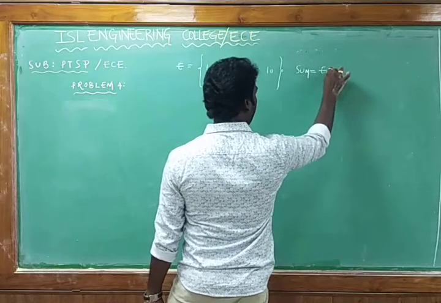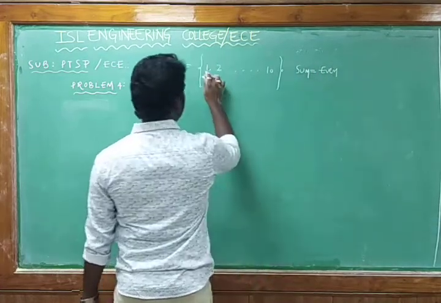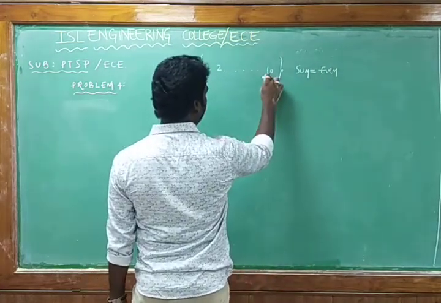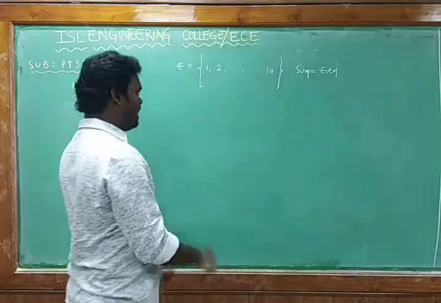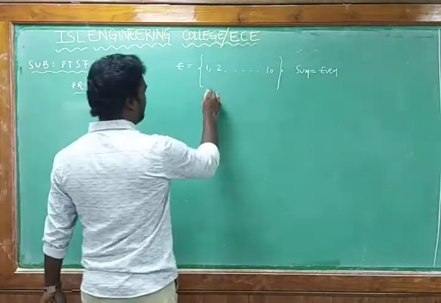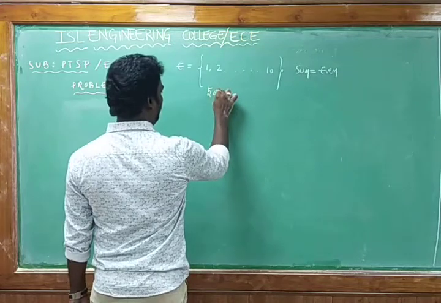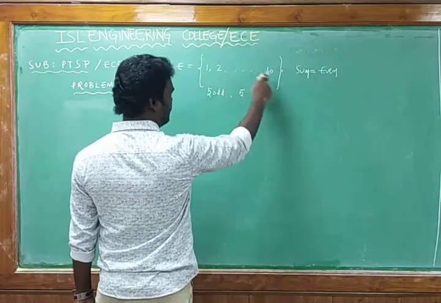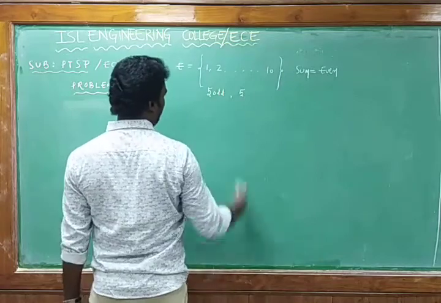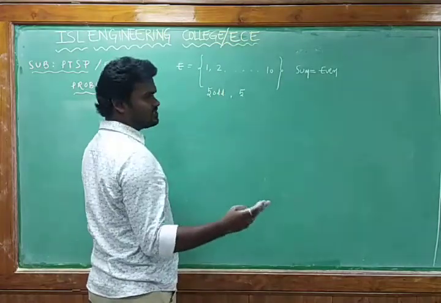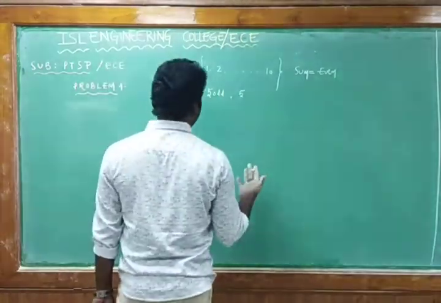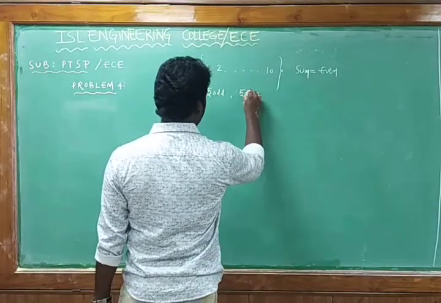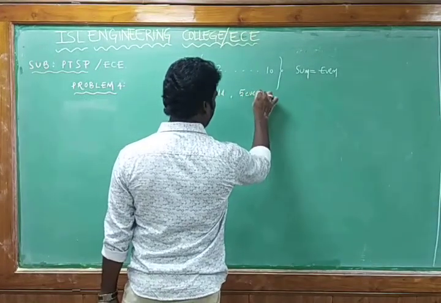Here 1, 2, 3, 4, 5, 6, 7 up to 10 are there, in which 5 odd numbers are there and 5 even numbers are there. The odd numbers are 1, 3, 5, 7, 9, and the remaining 5 numbers are even numbers, that is 2, 4, 6, 8, 10.